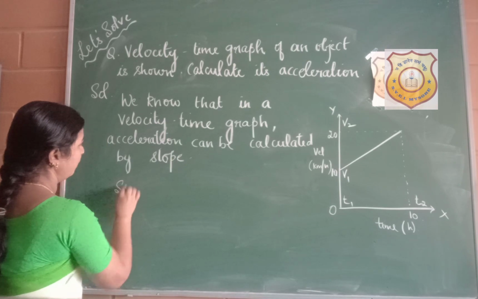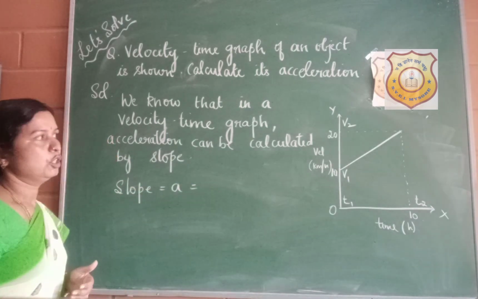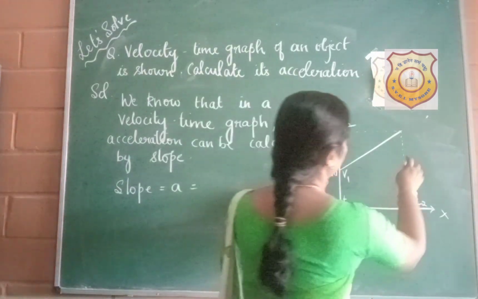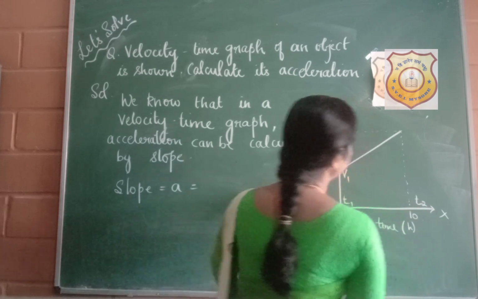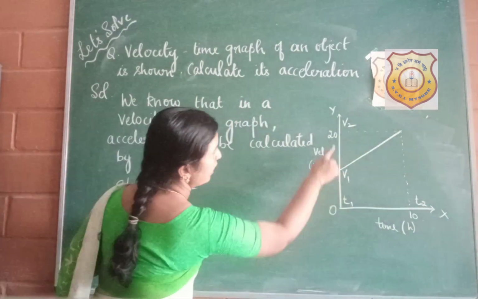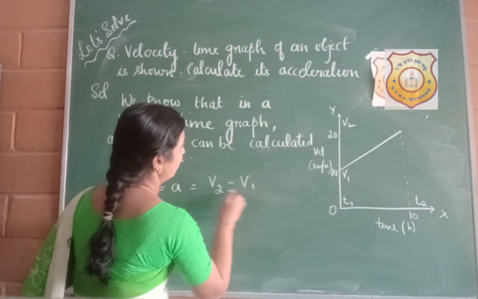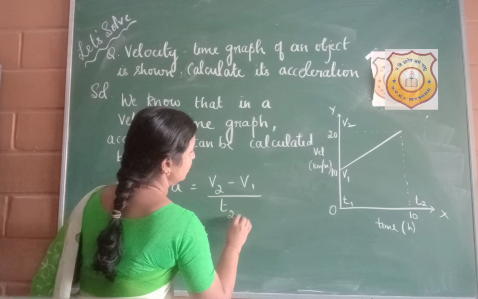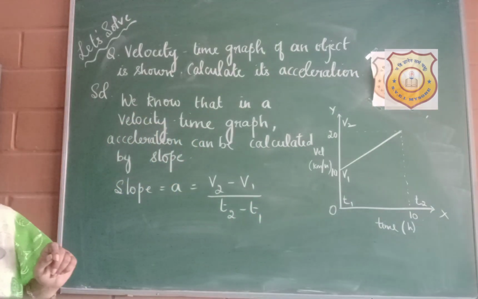So slope is equal to acceleration. If you see here, the slope is v2 minus v1 by t2 minus t1. This is the slope.